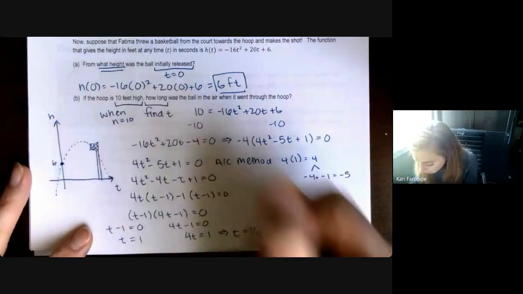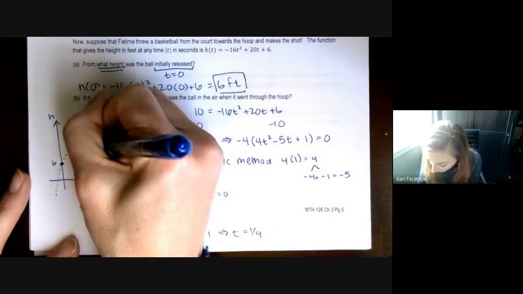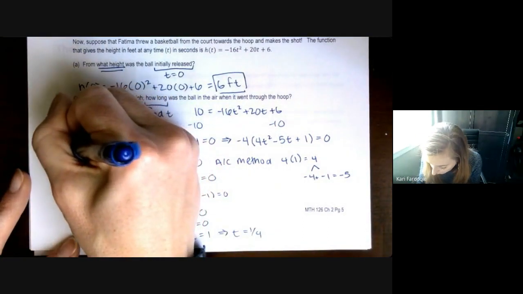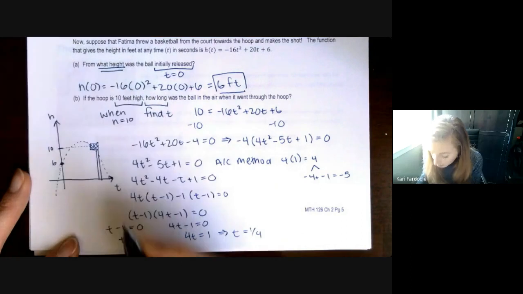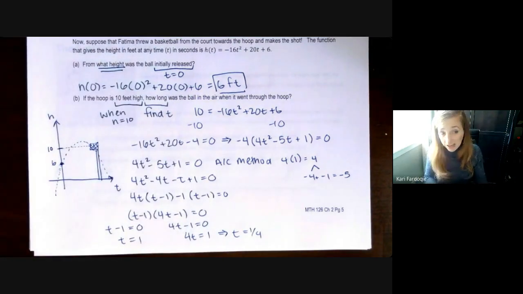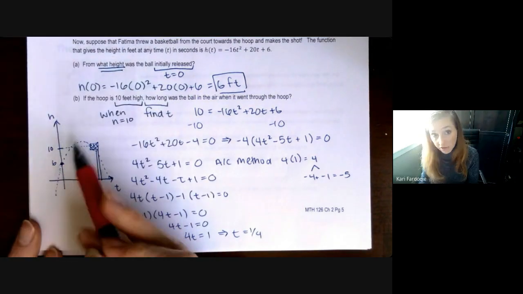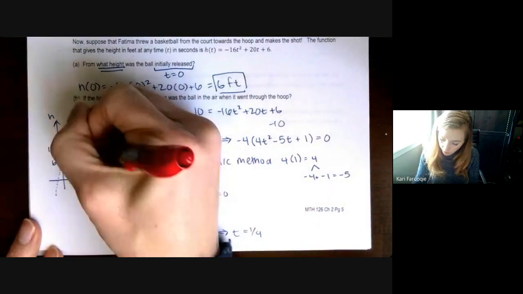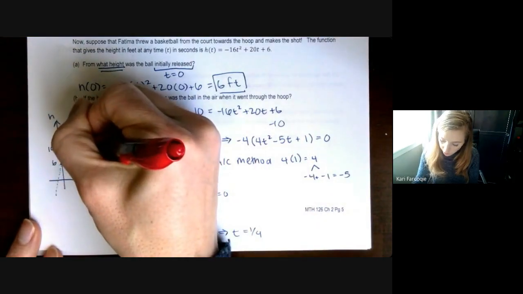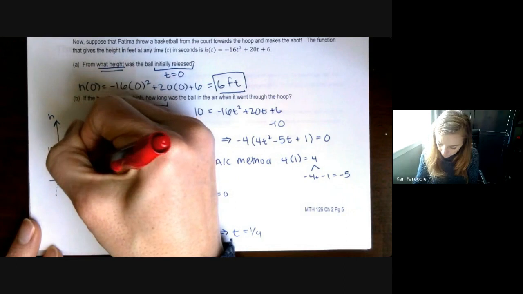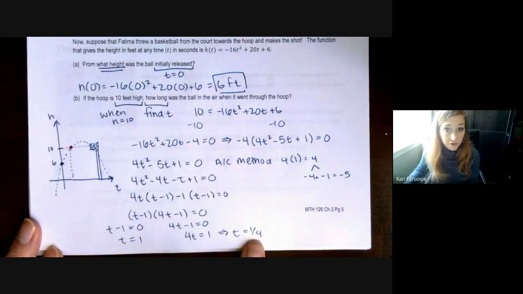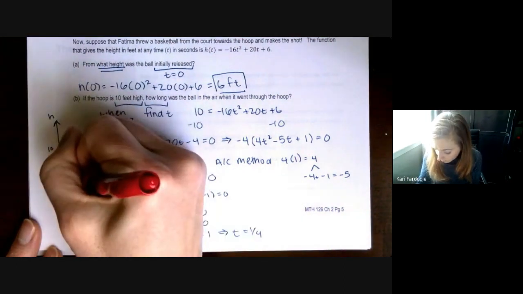Notice that if your basketball hoop is 10 feet high, the ball actually is going to hit this value twice. So when she throws the ball into the air, it's going to hit 10 feet at t equals 1/4 seconds, so 0.25 seconds.